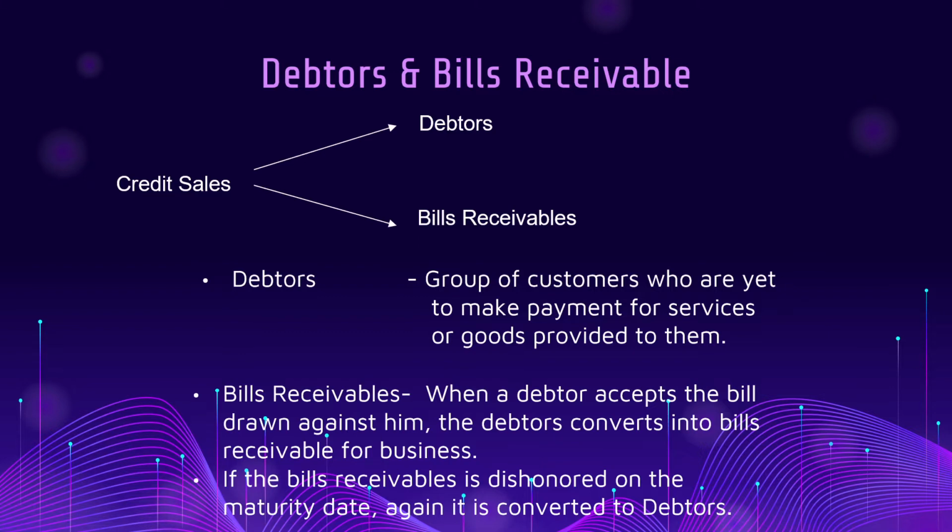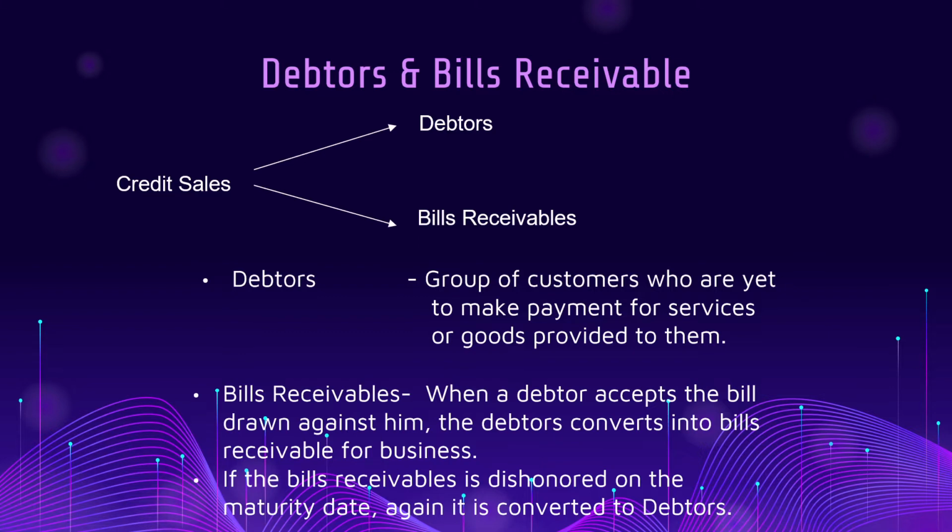The business has sold goods to them without receiving money. So these debtors will pay the money after a specified period. They would have asked for the credit period time. So the debtors will arise when the business is selling goods on credit.